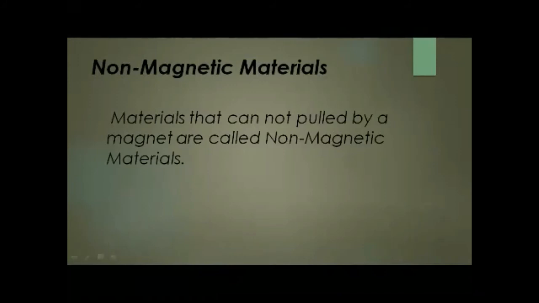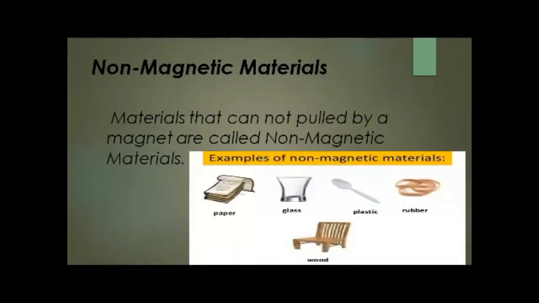Things not made from metals cannot be attracted by magnets. Here are some examples: paper, glass, plastic, rubber, wood. These are examples of non-magnetic materials. Have you got it? Kindly take a screenshot.